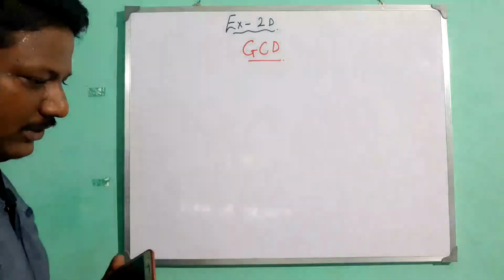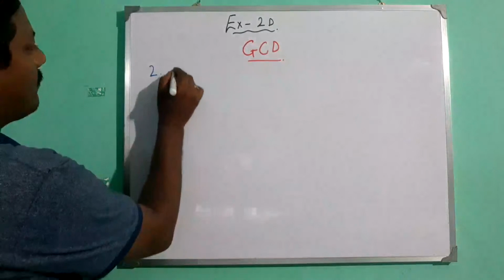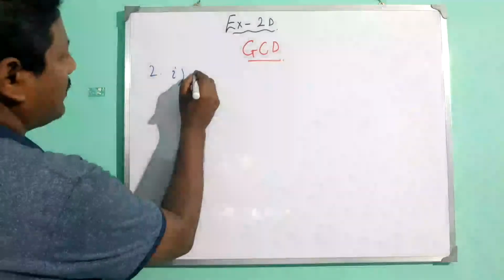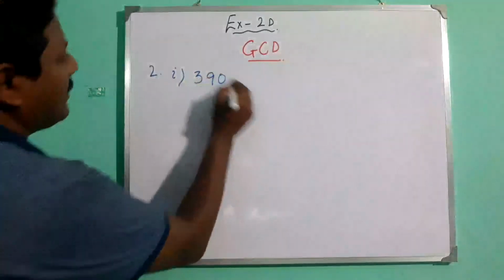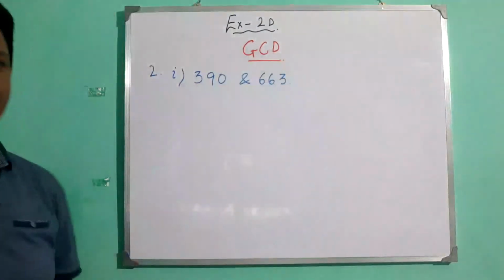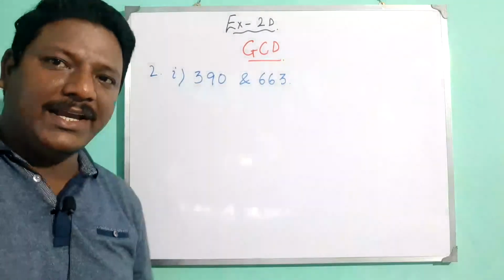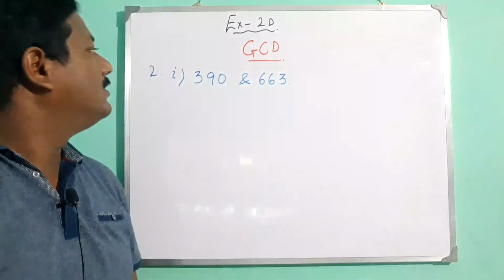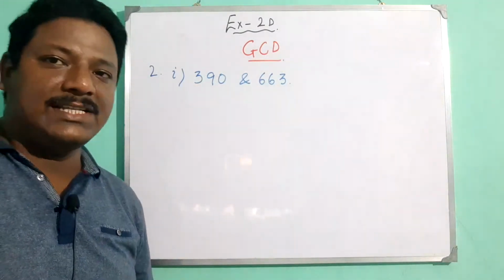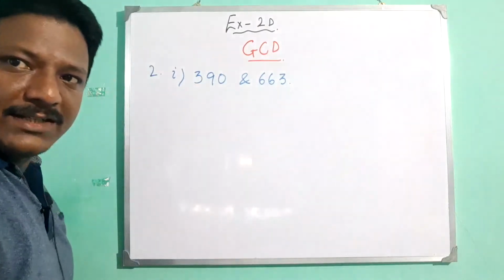So we will take question number 2 1. 2 1 is 390 and 663. So we will find the GCD of 390 and 663.